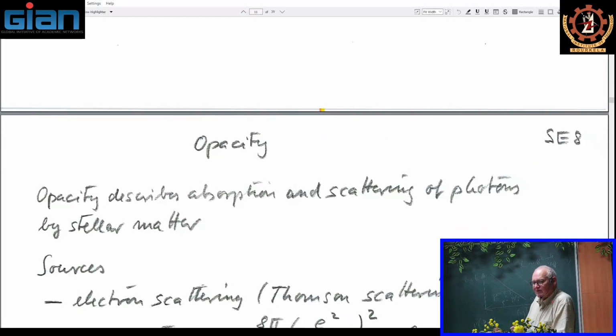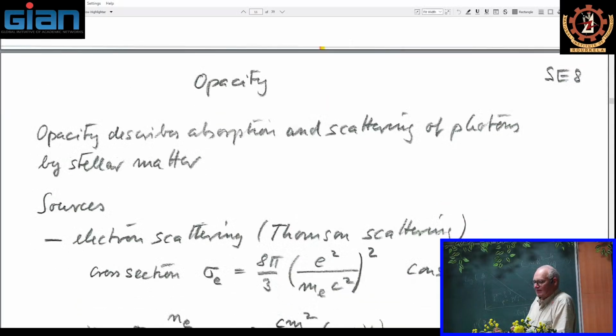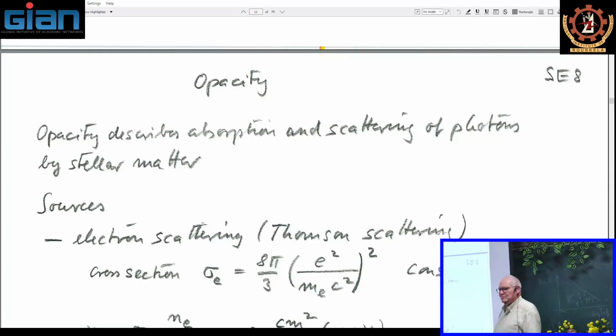Electron scattering is Thomson scattering of photons at electrons, and I don't derive this in detail. You have to go to quantum mechanics, quantum electrodynamics, to derive the cross section of the interaction of a photon with an electron. The result is pretty simple.